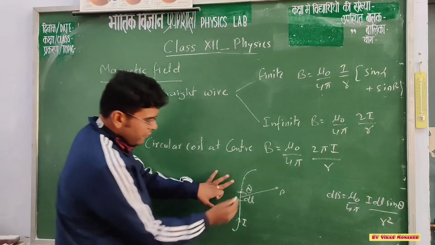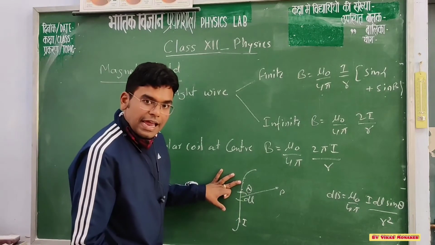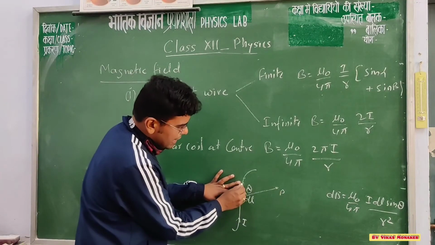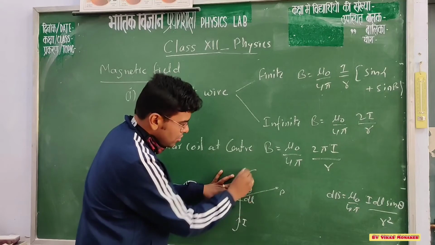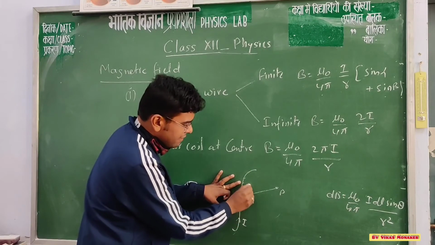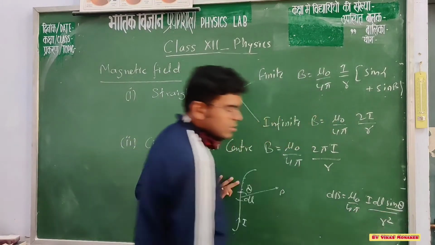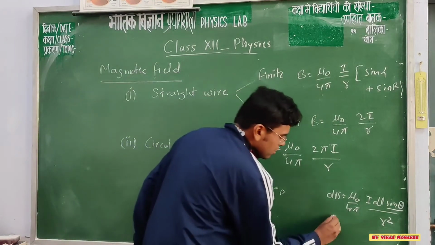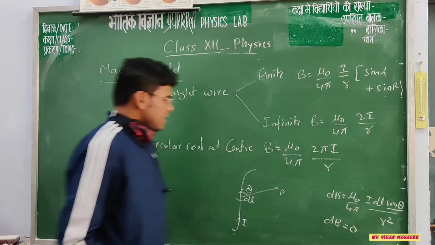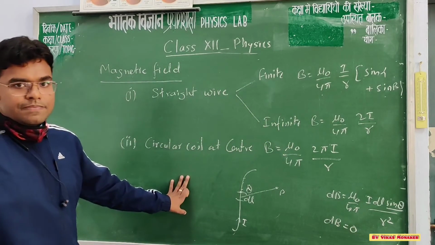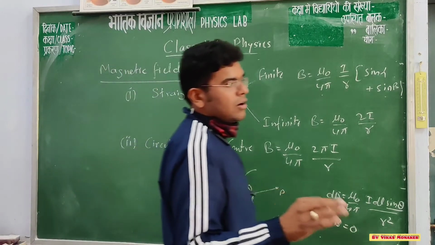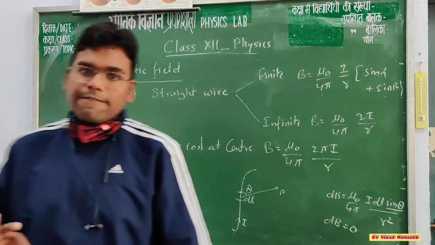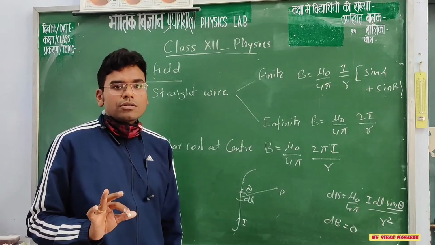If you want to determine the magnetic field on the wire, then this point P will be lying here, so this angle will be 0. So on the surface of the wire, this theta will be 0. If you put theta equal to 0, sin theta will be equal to 0, and when sin theta is equal to 0, that means dB will be equal to 0. Okay, so what I have written previously, the magnetic field on the axis of the wire will be 0, due to itself it will be equal to 0.